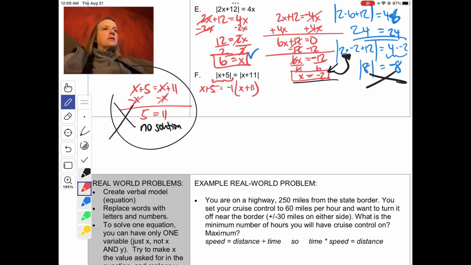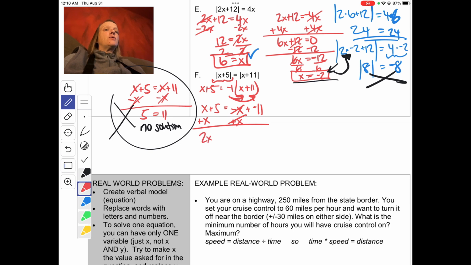x plus 5 equals negative 1 times x plus 11. Let's go ahead and do the distributive property here to make that easier to simplify. x plus 5 on the left equals negative 1 times x, which is negative x, and negative 1 times 11 is negative 11. So now I can get x on the left side of the equation by adding x to both sides of the equation.